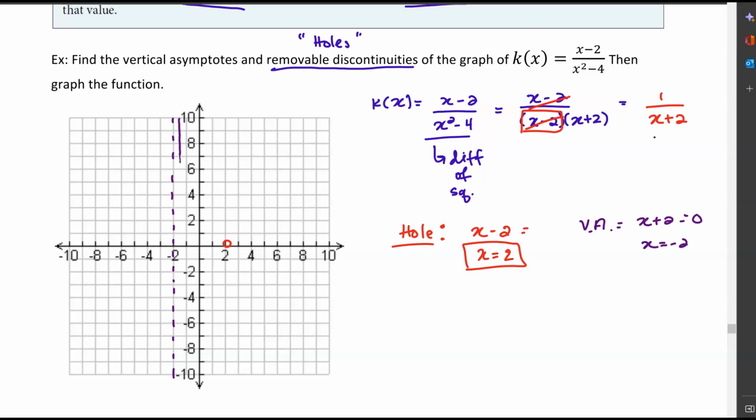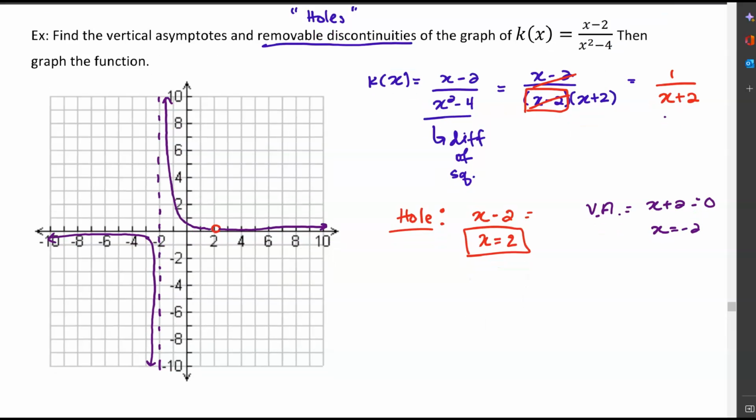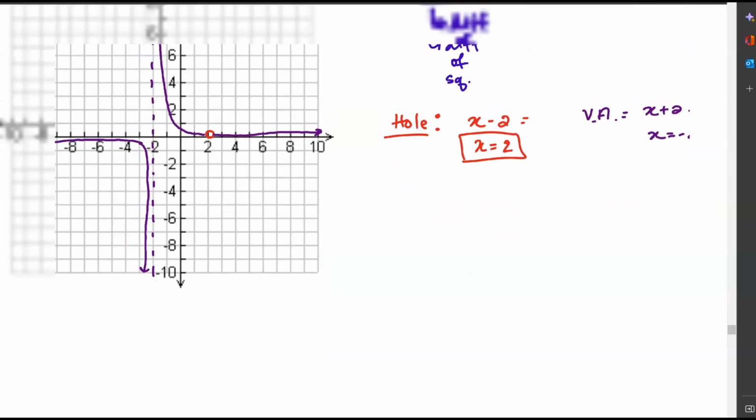And then I know that my function is going to look something like this. So I've taken that function 1 over x and shifted it to the left 2, and then I have that removable discontinuity, that hole, at x equals 2 there.